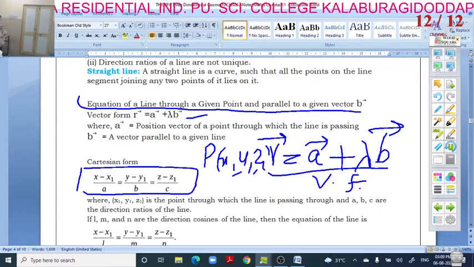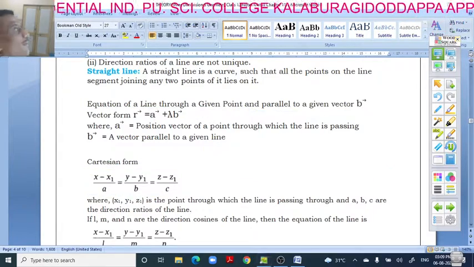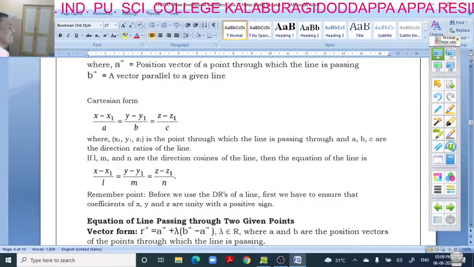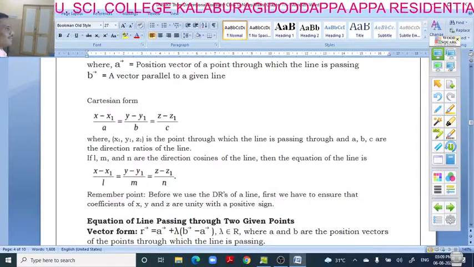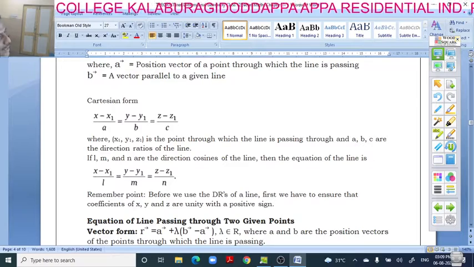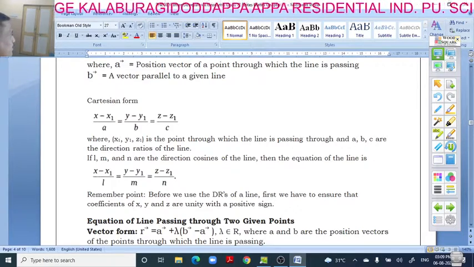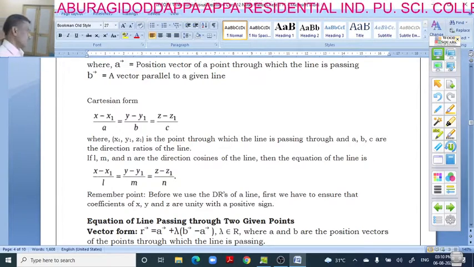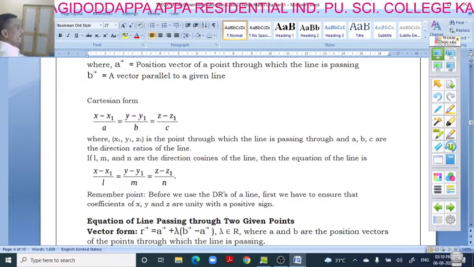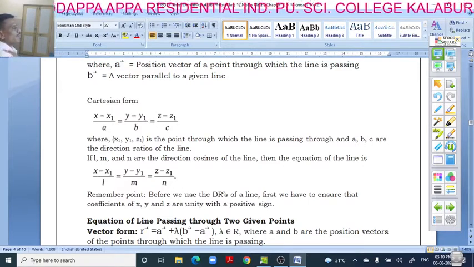If l, m and n are the direction cosines of the line, then the equation of the line is x minus x1 by l is equal to y minus y1 divided by m is equal to z minus z1 divided by n.